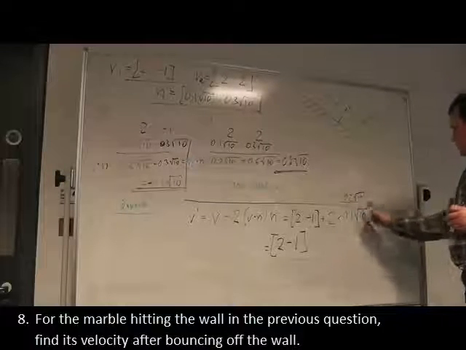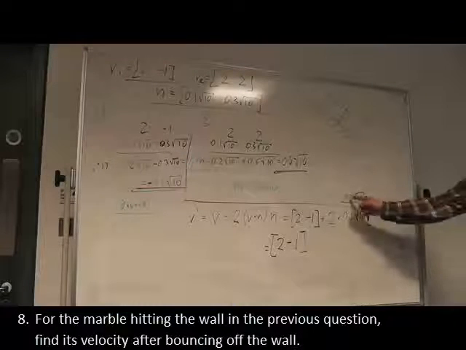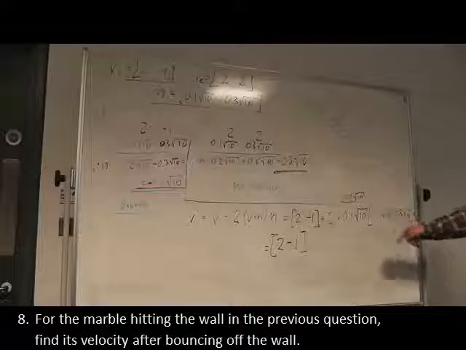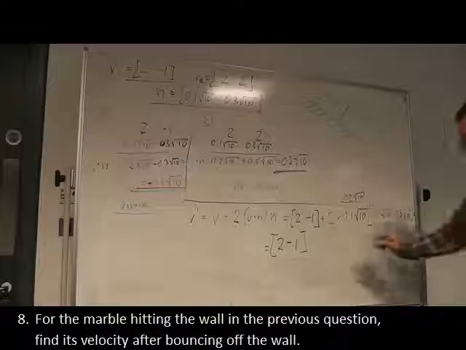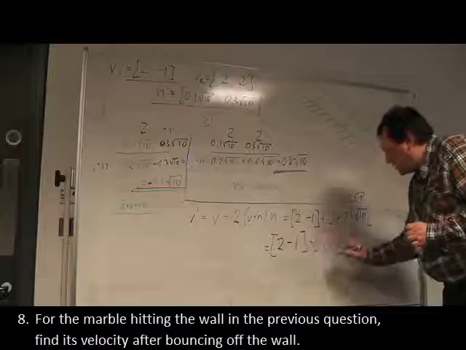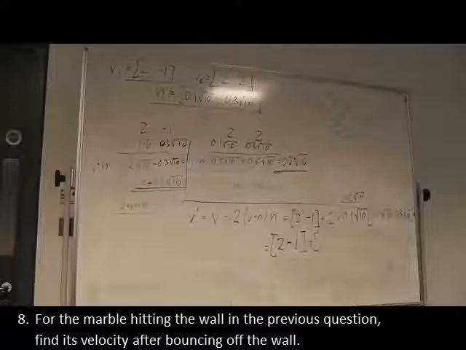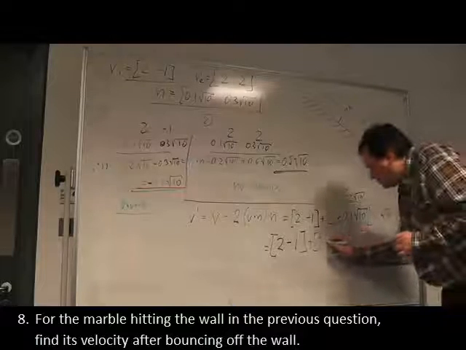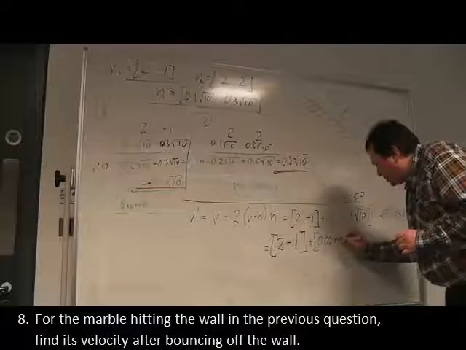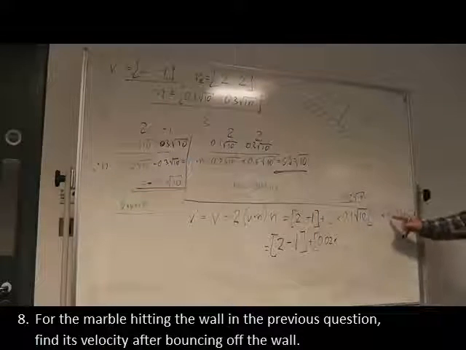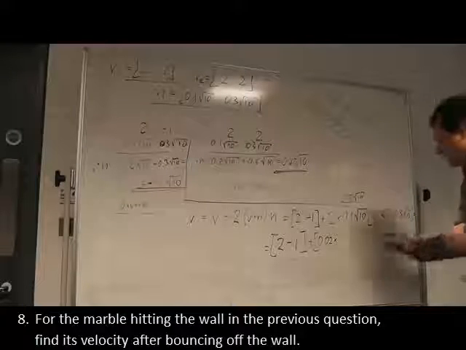Now 0.2 times 0.1 is 0.02 times square root of 10 multiplied, it gives 10.